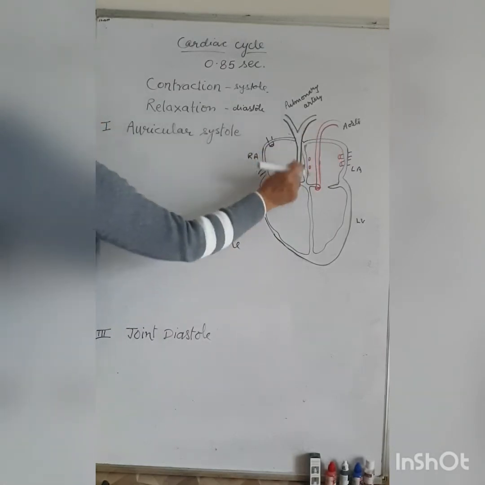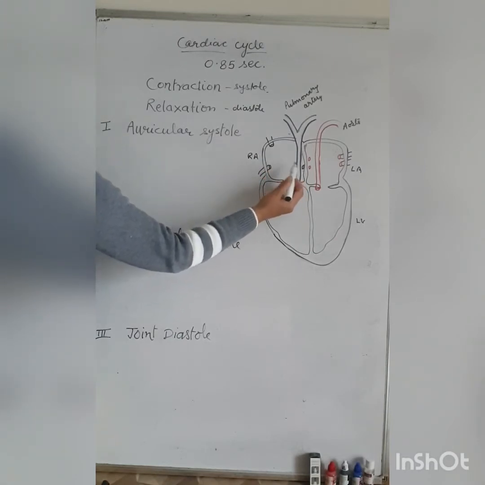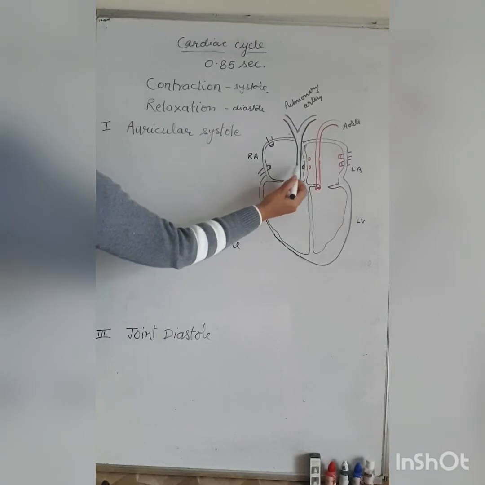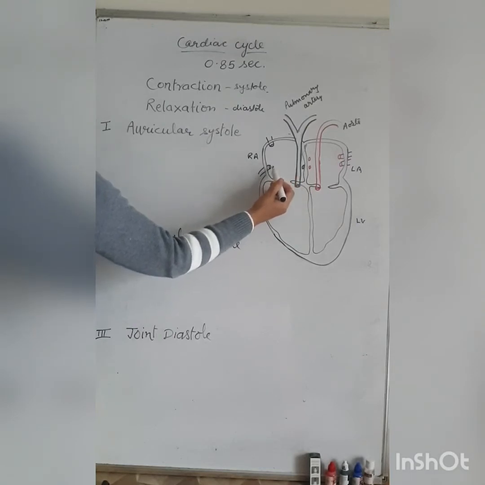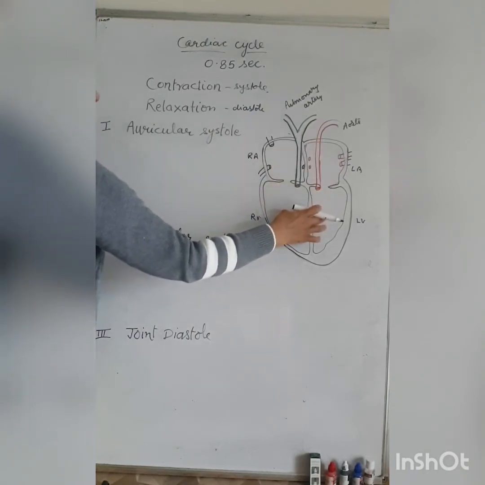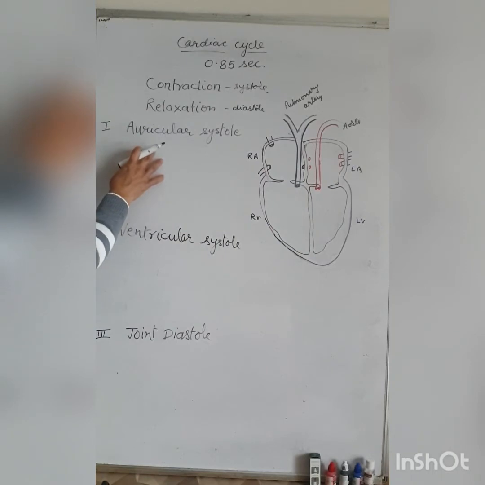When the auricular systole occurs, a valve is present here, and a valve is present here also. So both the valve of Eustachian and the valve of Thebesius are closed. And here the blood comes into the ventricle. So first we discuss the auricular systole.